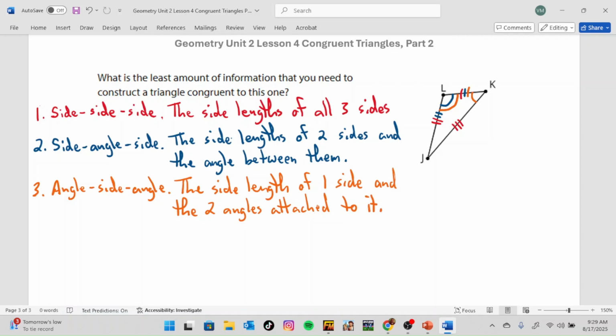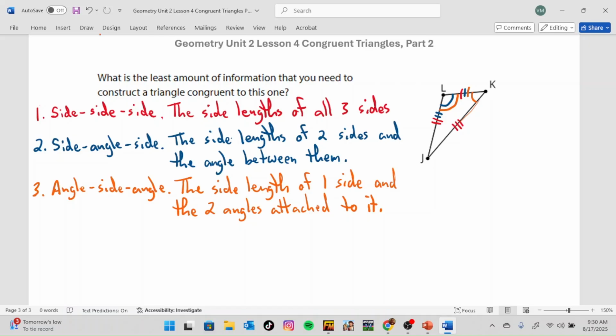Because what would happen is that I would be able to draw LK. I know how long it is. Once I can draw LK because I know how long it is, then I know the angle for L, so I know where I should draw LJ. And I know the angle for K, so I know where I should draw KJ.